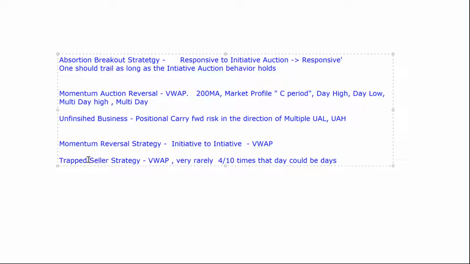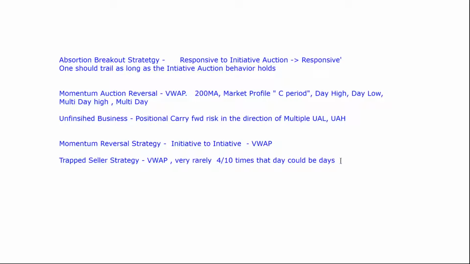So trapped buyer. That day could be the day's high, so usually one can expect this, but such levels are called unsecured levels.